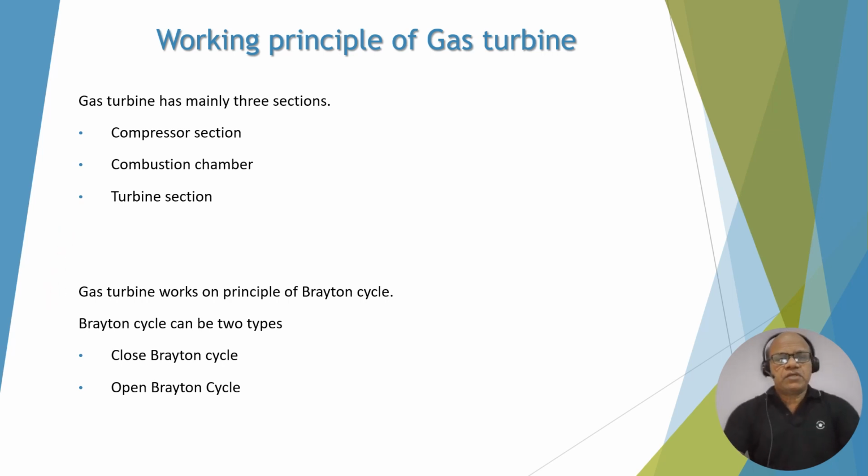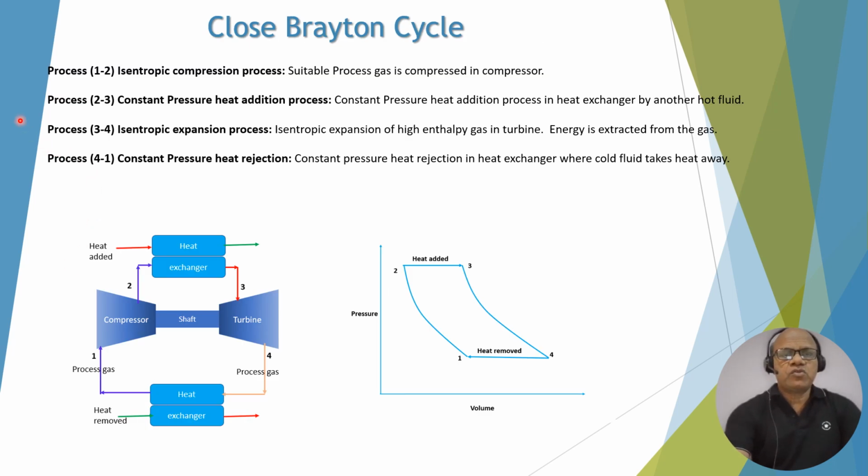A gas turbine works on the principle of Brayton cycle, and Brayton cycle can be typically of two types. One is closed Brayton cycle and the other is open Brayton cycle. In case of closed Brayton cycle, you can see the process gas is compressed in the compressor, which is process 1 and 2, and the compression is considered an isentropic compression process.